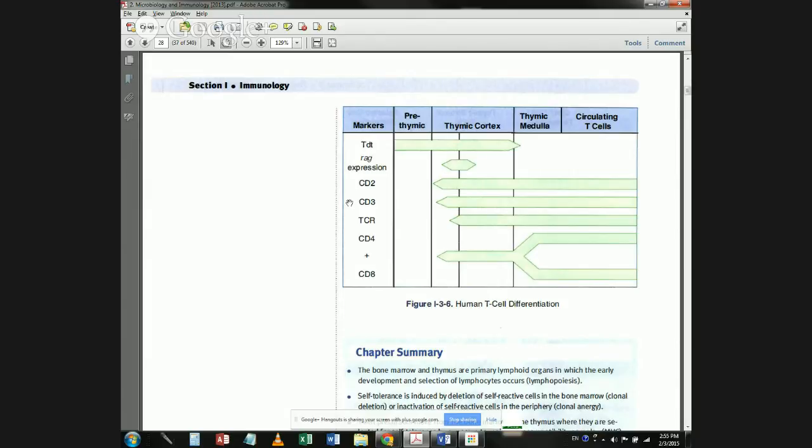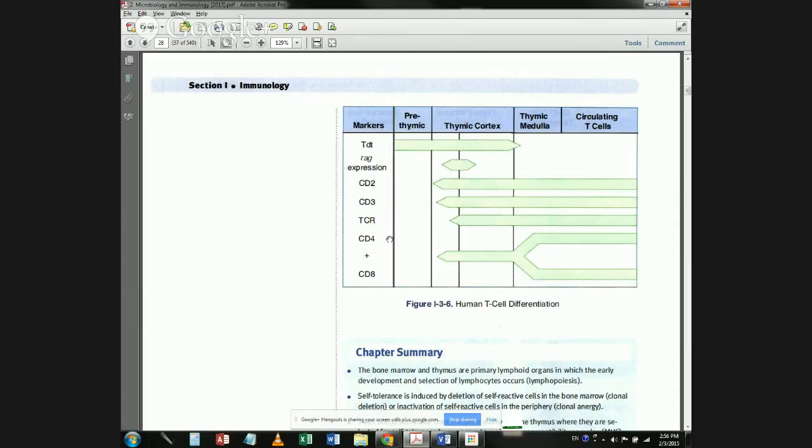Now, we understand that TCR is expressed. Markers means that, okay, can you detect it? I would think that they already have the TCR receptor pre-thymic, but I think what they're talking about here is is it detected in the system?